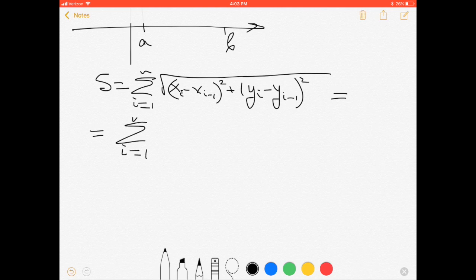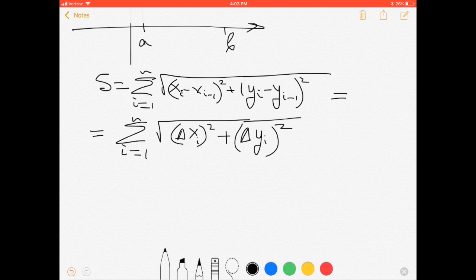Here we use this symbol. The difference between 2 x's will be delta x. The difference between 2 y's is delta y. This means here I can write the sum from i equals 1 to n.